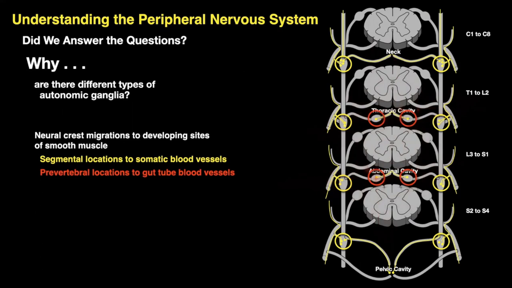The prevertebral ganglia, celiac, superior mesenteric, inferior mesenteric, aorticorenal, they were following the blood vessels, foregut, midgut, hindgut, renal arteries to the gut tube and the urogenital ridge. And then the gut tube ganglia, which are really not even ganglia, they're kind of hidden in the wall, those intramural postganglionic neurons. See, they migrated down all the way to innervate that smooth muscle of the gut tube.